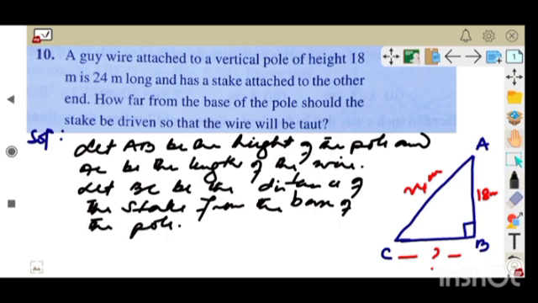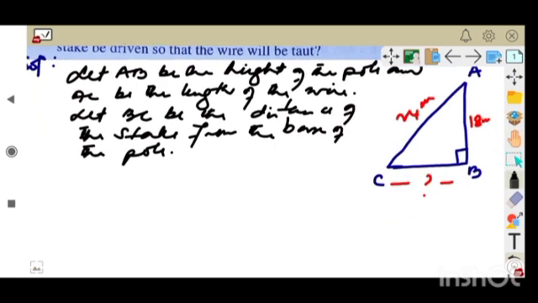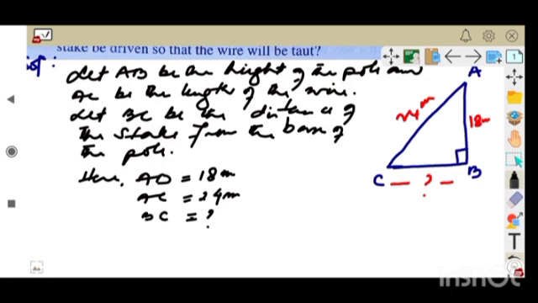Here, what is AB? AB is 18 meter, and AC is 24 meter. And this BC is what we have to find.